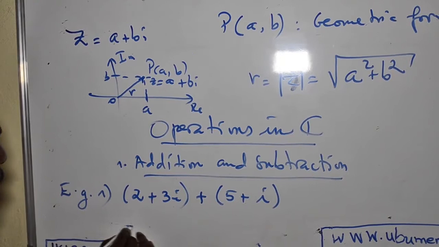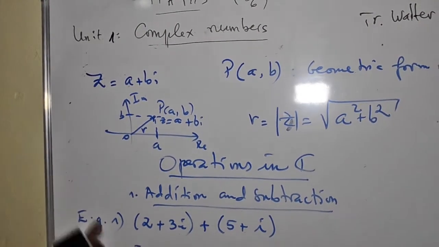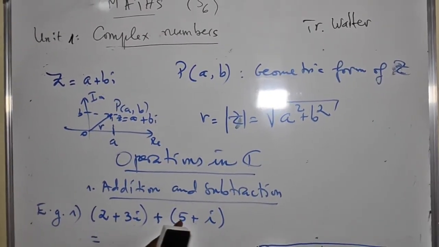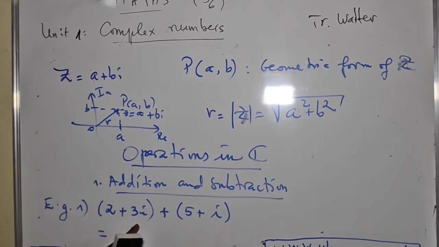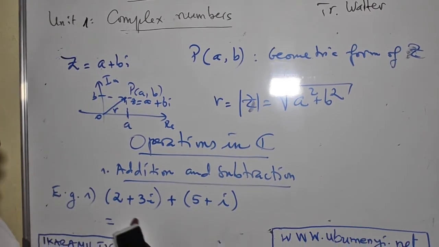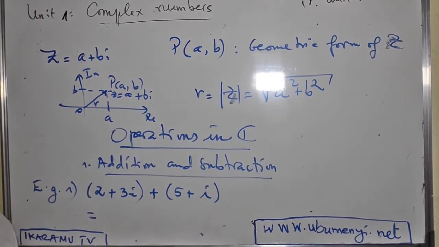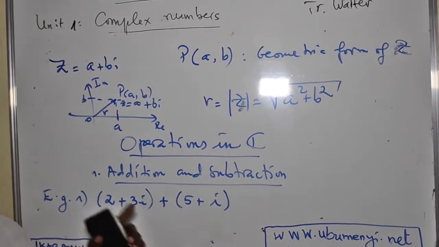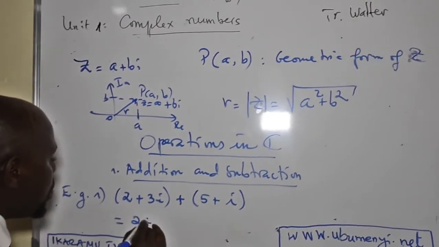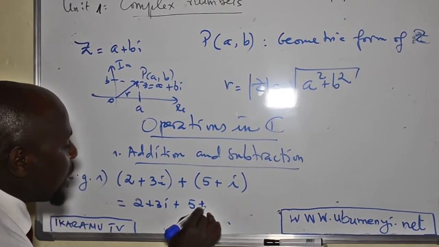We have to first put together the like terms. We have numbers which are real parts, and other numbers which are imaginary parts. We add the real parts together and we add the imaginary parts together, which means that we just add the like terms. If we remove the brackets, we have 2 + 3i + 5 + i.